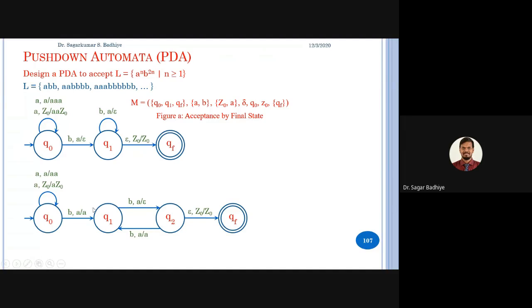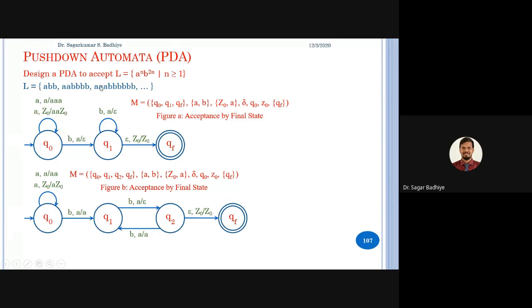For this, I'll show you acceptance for a particular string. So this is its representation. Whenever there is a question in the exam to design a pushdown automata for a particular language, you need to do three or four things. First, you write this L, which would have the strings that match this particular format.